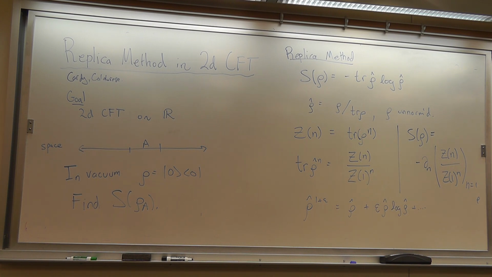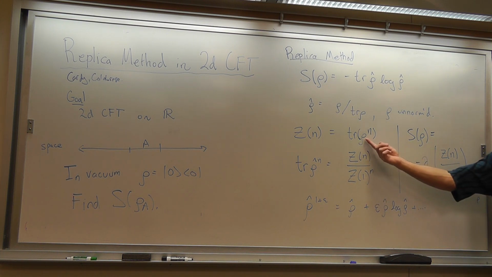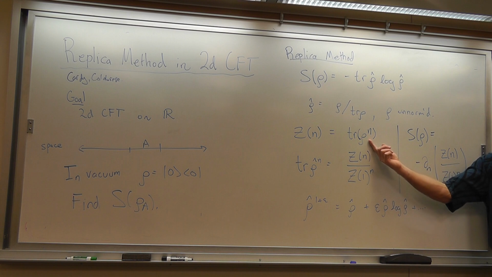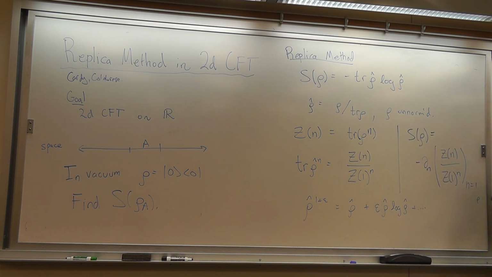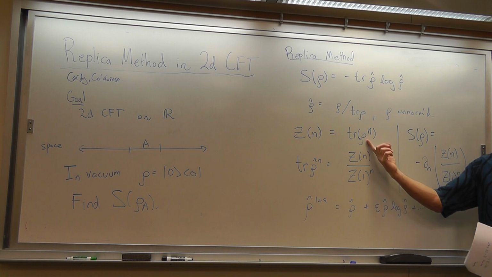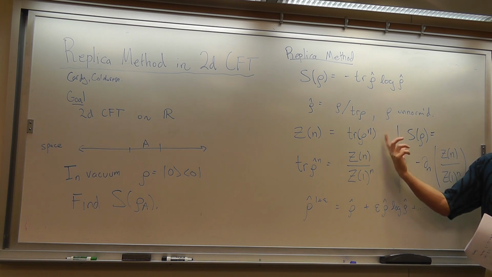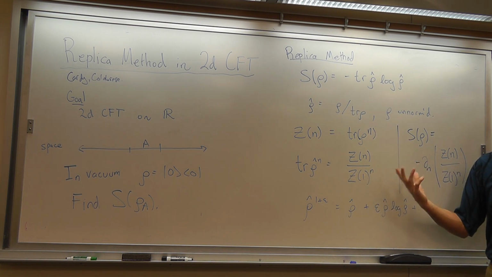Now, these formulas that I've written here make sense for non-integer n. You could take an operator and raise it to a non-integer power. That trace would then just be the sum of the eigenvalues to that non-integer power. There's nothing wrong with that. When we actually go to calculate this, we're going to calculate trace of rho to the n by thinking about the density matrix of n copies of the system, and then, of course, n needs to be an integer.